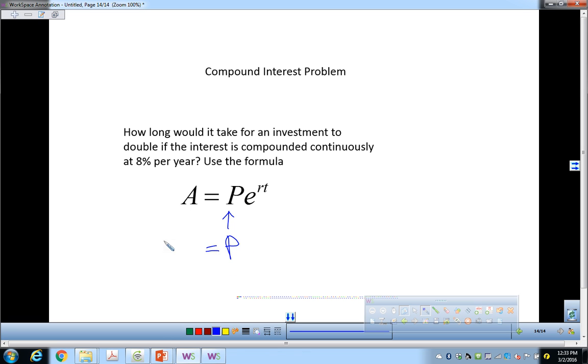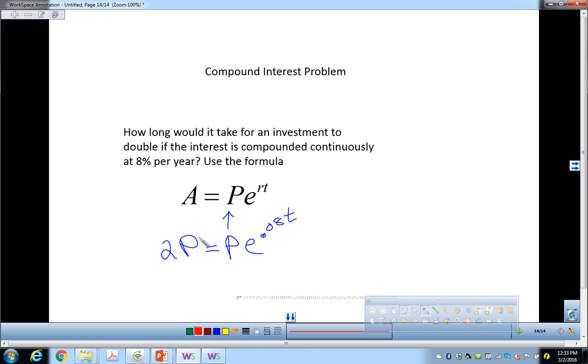If my amount doubles, how much do I have over on this side? 2P, right? E to the, what's R in this case? 0.08 T.